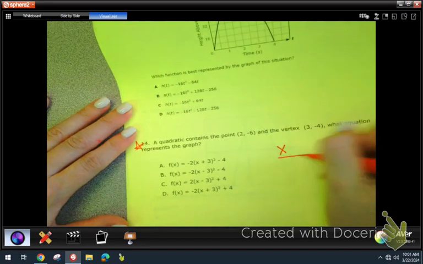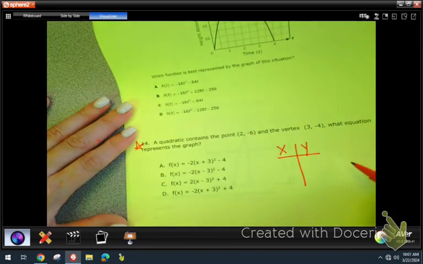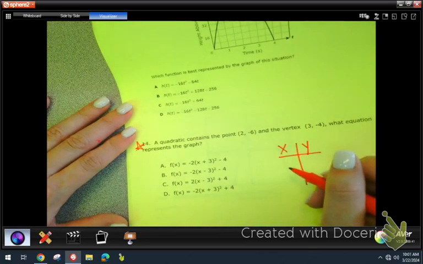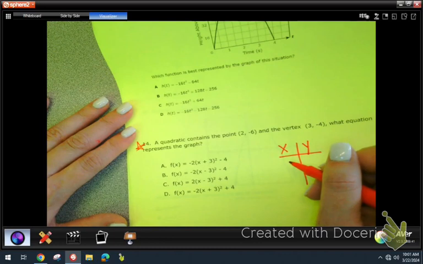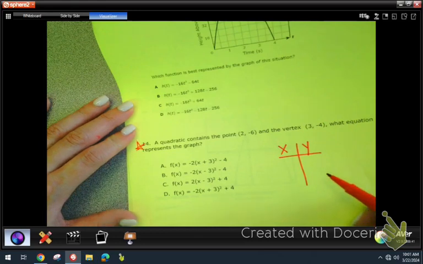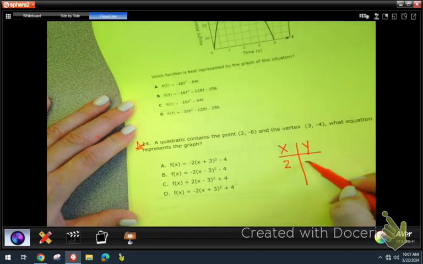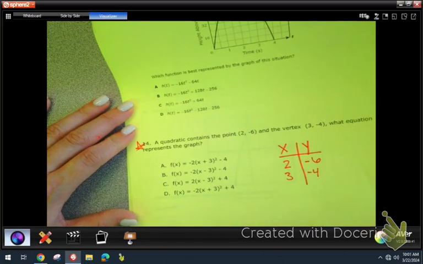This is what I would do. Range is X, right? No. Huh? No. No. We're on question 14. I know. I want you to get to question 14. I'm not doing this because I like to hear my voice. Doing this for a reason. What are the points that we're looking for on question 14? 2, -6, and 3, -4. Now, what does it say 3, -4 is specifically?